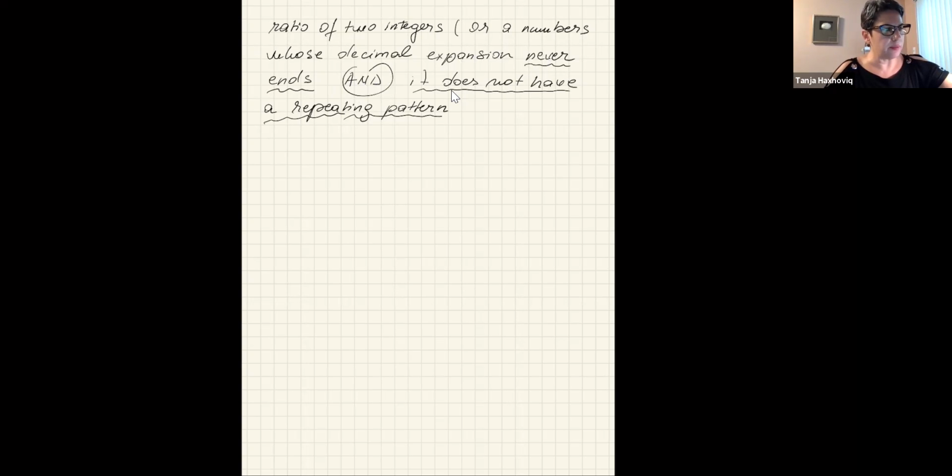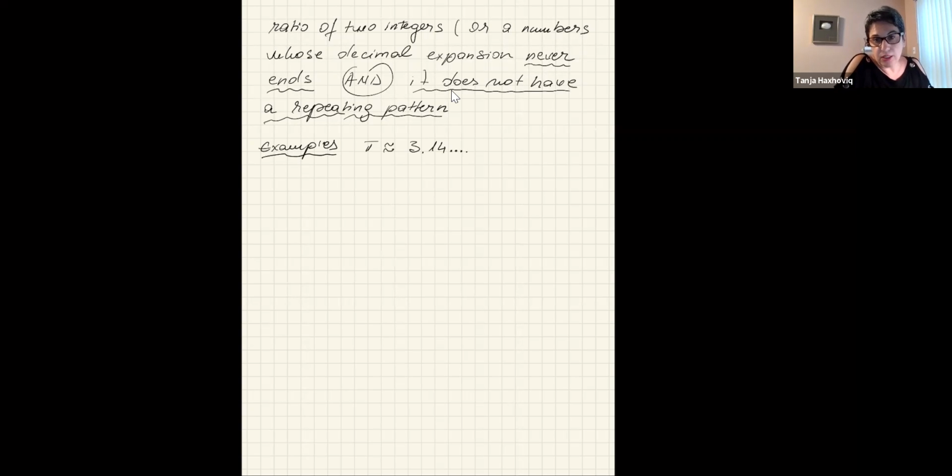So some examples of irrational numbers that we all know is the famous number pi. You all know that pi is not 3.14, but it's approximately 3.14.